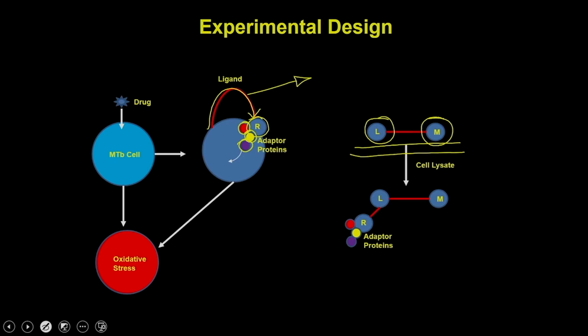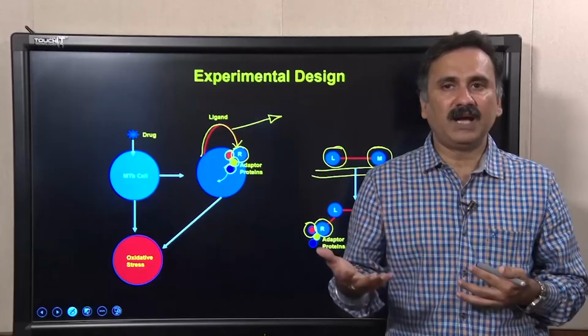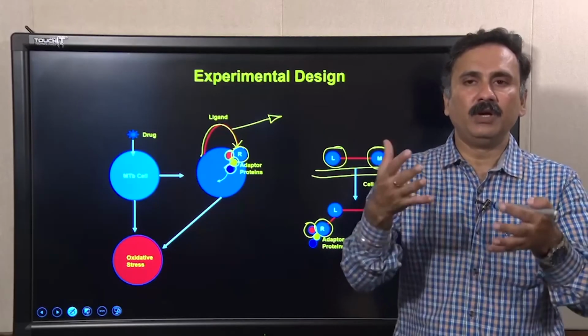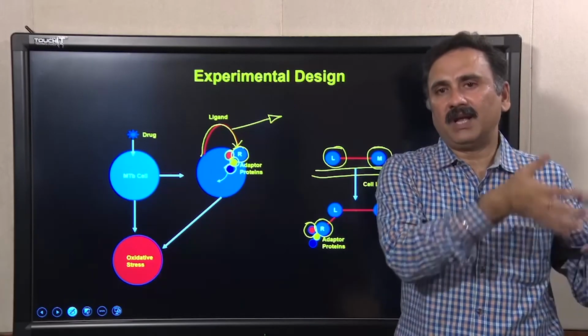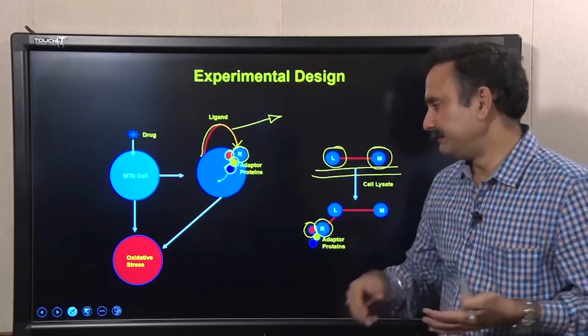The bacterial lysate is going to bind the receptor and the adapter proteins, and then you wash the column for some time, and it is going to give you the receptor as well as the adapter proteins.